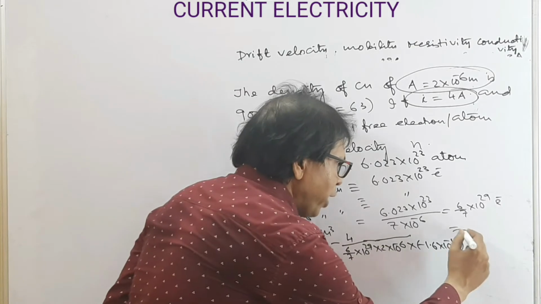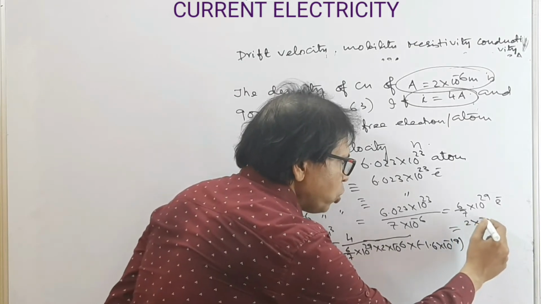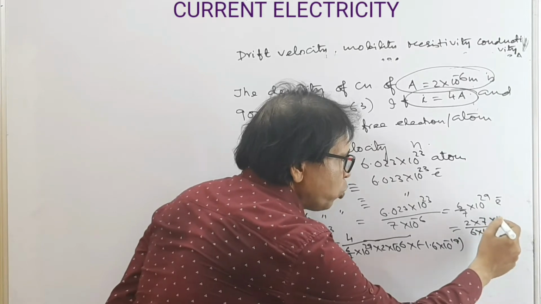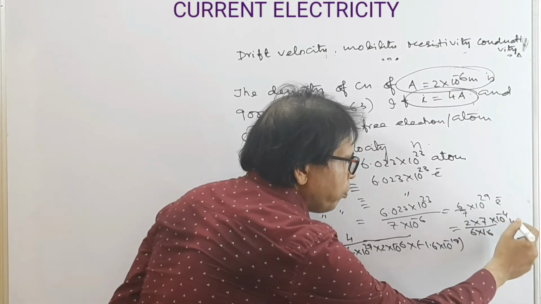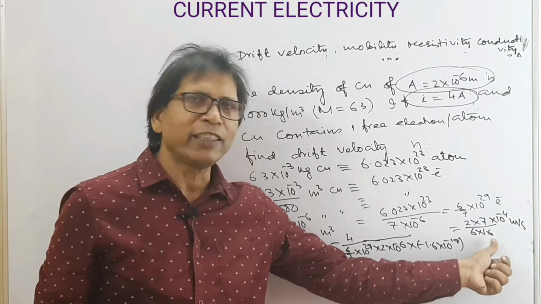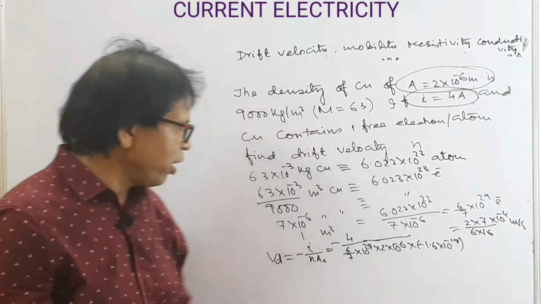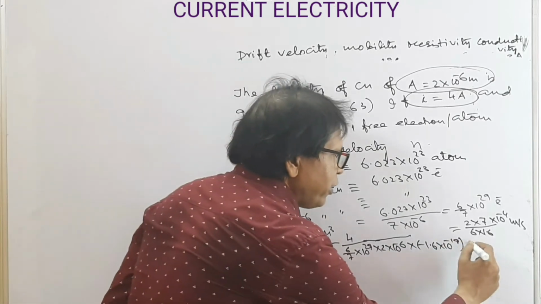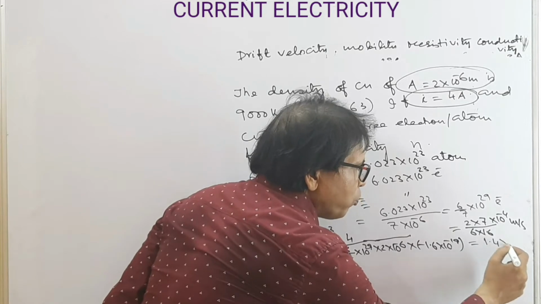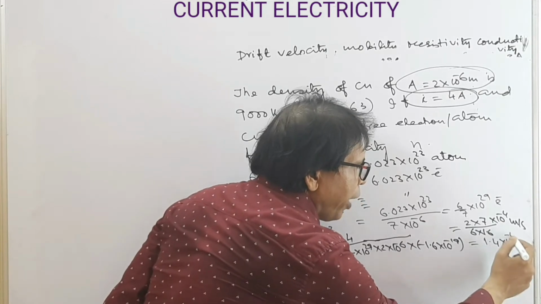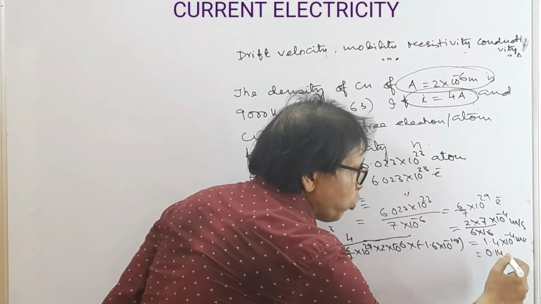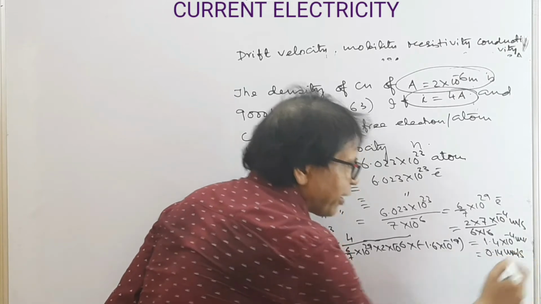Now this becomes 2 into 7 divided by 6 into 1.6 into 10 to the power minus 4 meter per second. Now look at this, 6 into 1.6 is 9.6. So this is almost 1.4 into 10 to the power minus 4 meter per second. So this is the 0.14 millimeter per second.